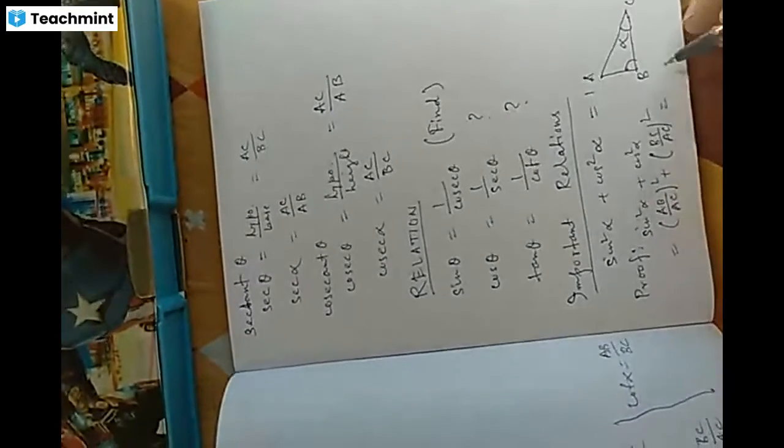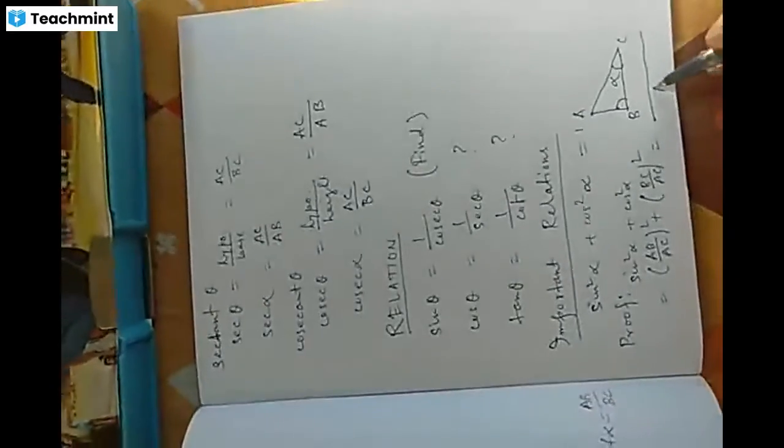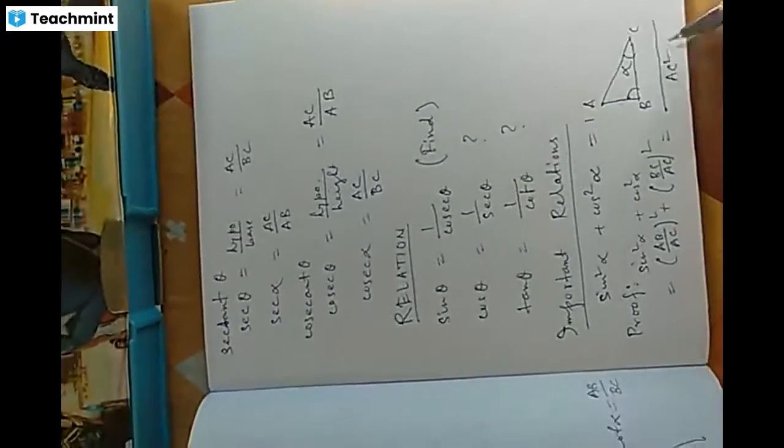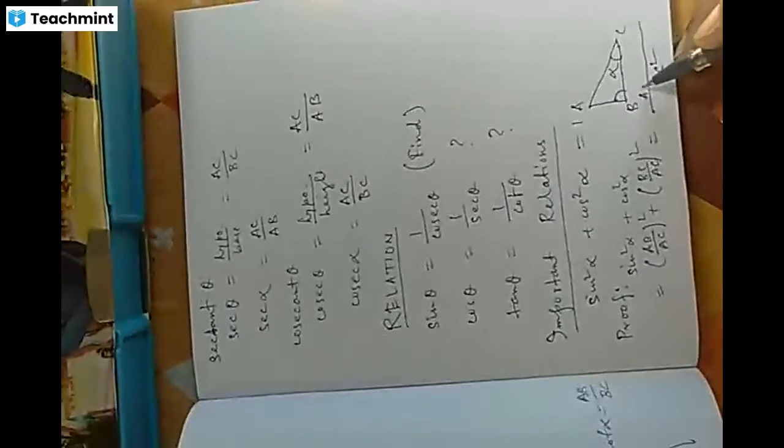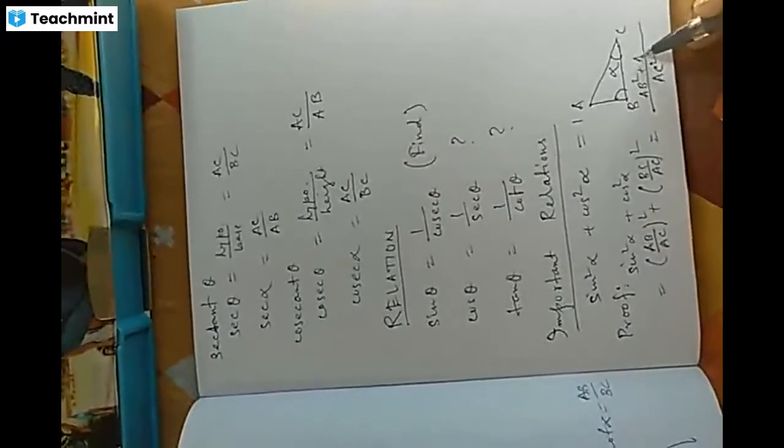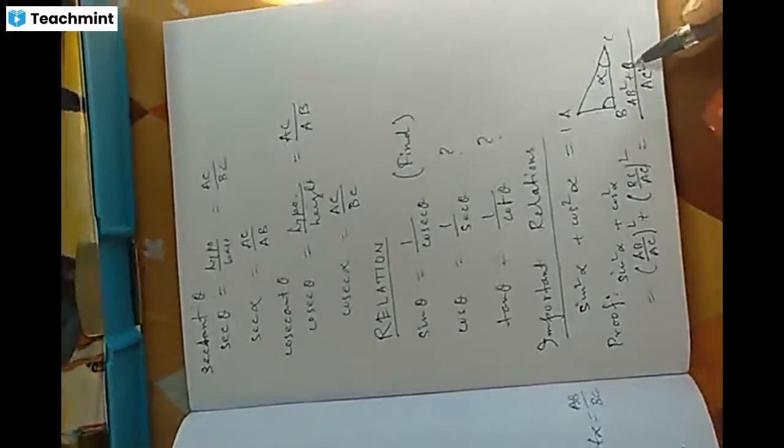If we solve this, the denominator will be AC square and the numerator will be AB square plus BC square.